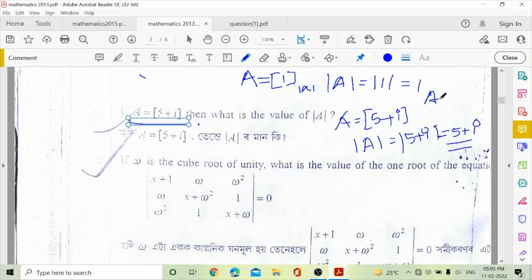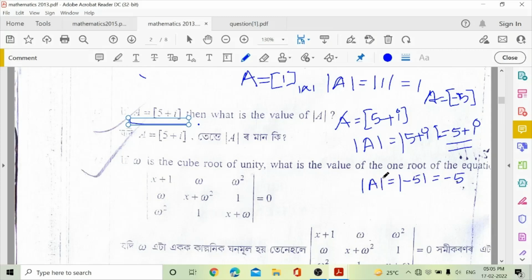Suppose A is equal to matrix of minus 5. Then in this case, what is the determinant of A? Determinant of A is equal to determinant of minus 5, which is equal to minus 5. Correct? So you are not supposed to change the sign. Determinant means the element itself in case of a 1 by 1 matrix.